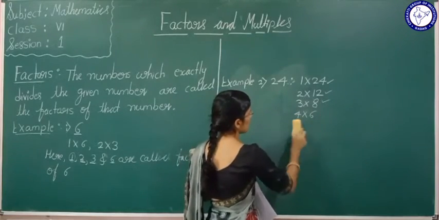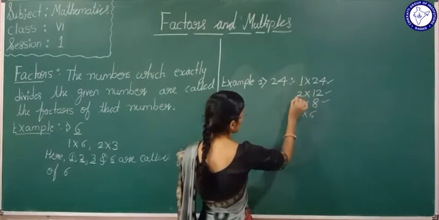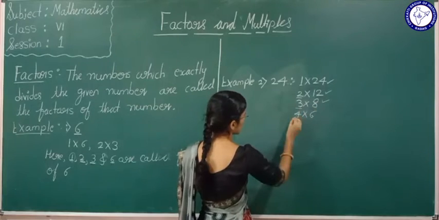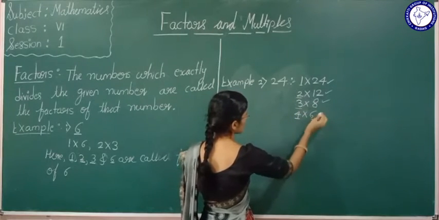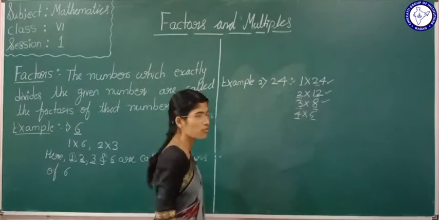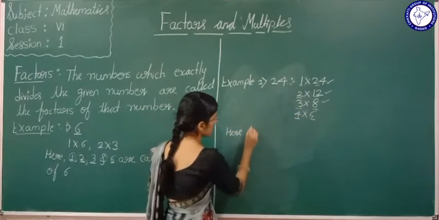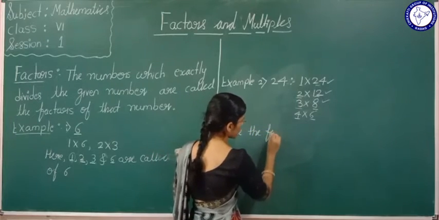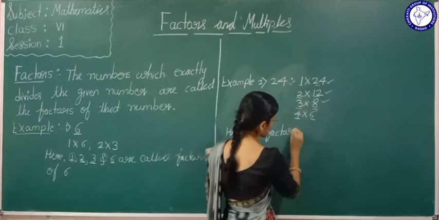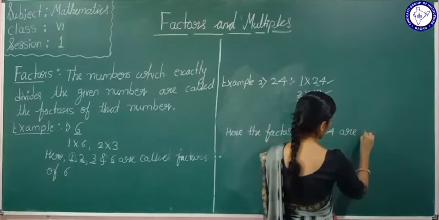Now tell me, now see, 1, 2, 3, 4, 6, 8, 12, 24 are the factors of 24. See here, the factors of 24 are 1.